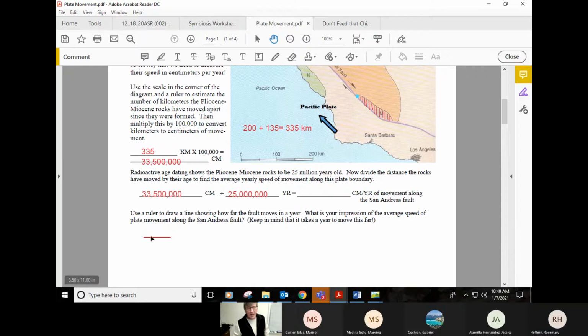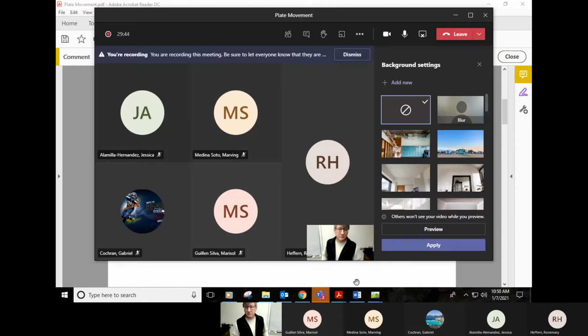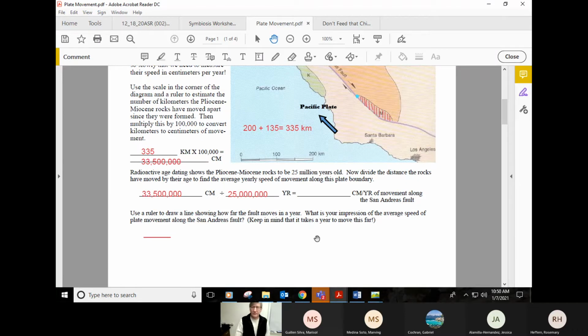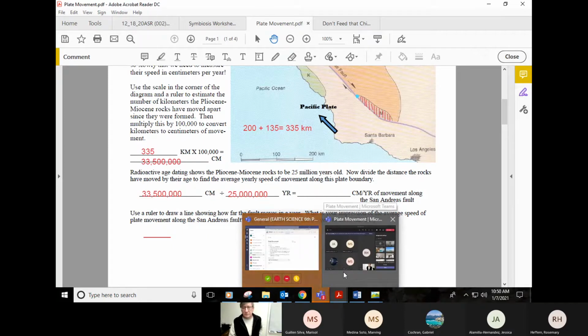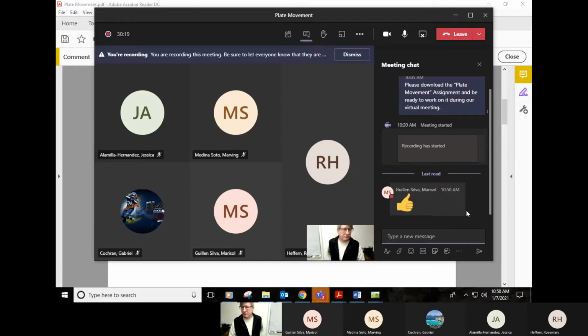You draw this little line, the same size as the word movement, and then you write your answer to that question. Thanks, Marisol.